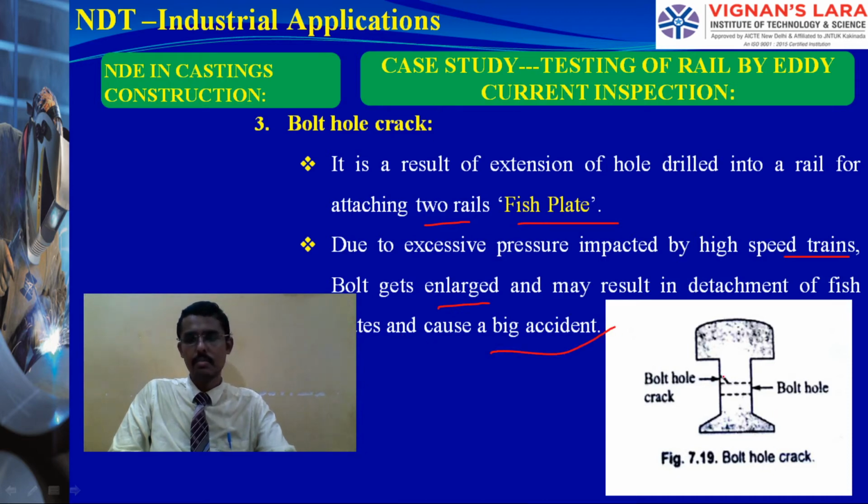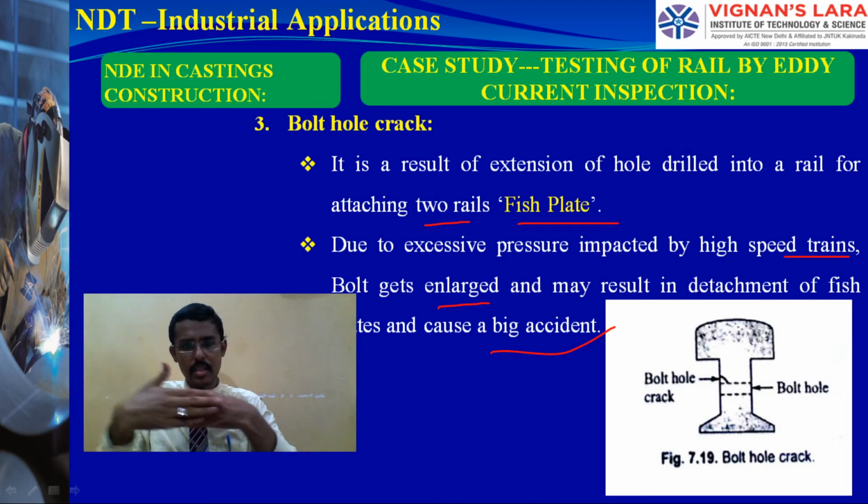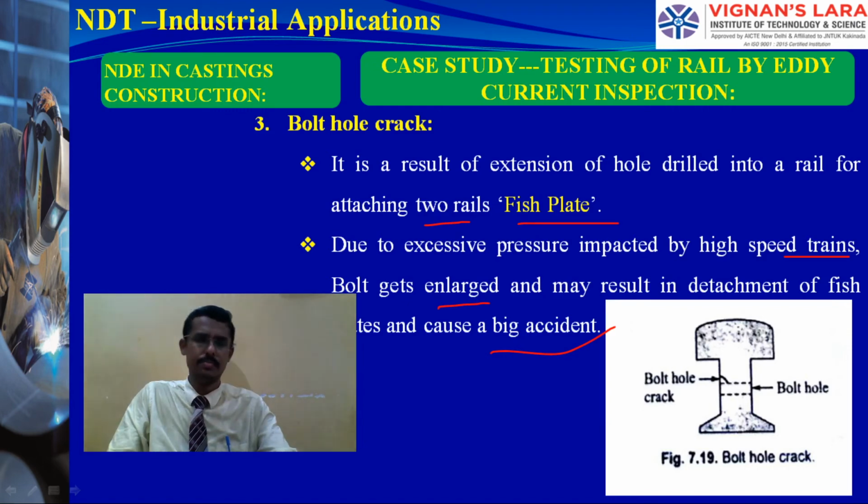We are attaching fish plates here, and due to the vibration or cracking movement at high speed, it again gets loose. Therefore, the bolt is removed, or otherwise the bolt itself gets cracked and broken. So this causes accidents.